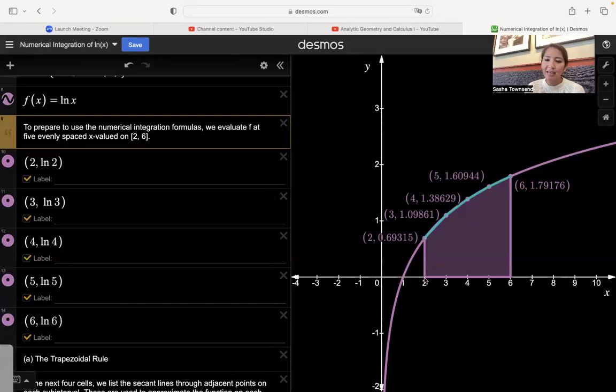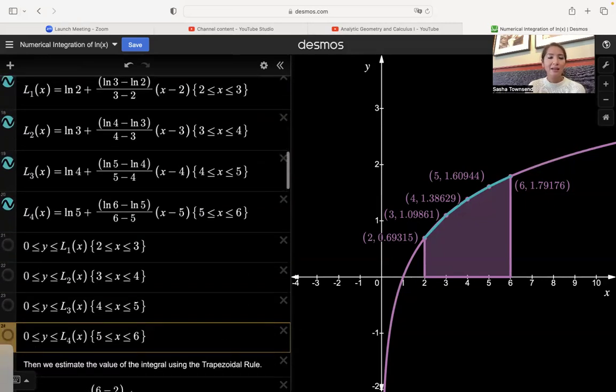We've got the x-axis at x equals 2, and then we've got that function value where x is equal to 2 and the y value is natural log of 2. And then we'll have another line segment starting at the x-axis and extending to that point, and another line segment starting at the x-axis and extending to that point, and so on.